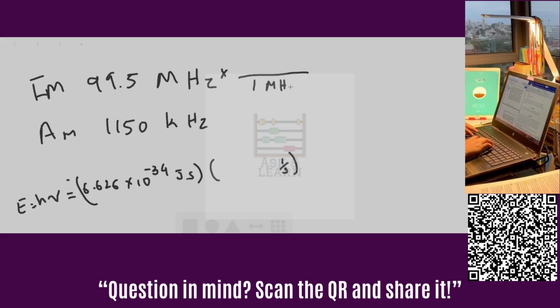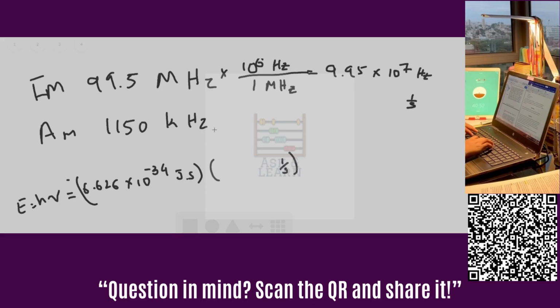1 megahertz means 10 to the 6 hertz, which is the same thing as per seconds. So that means this is 9.95 times 10 to the 7 hertz, or per seconds.